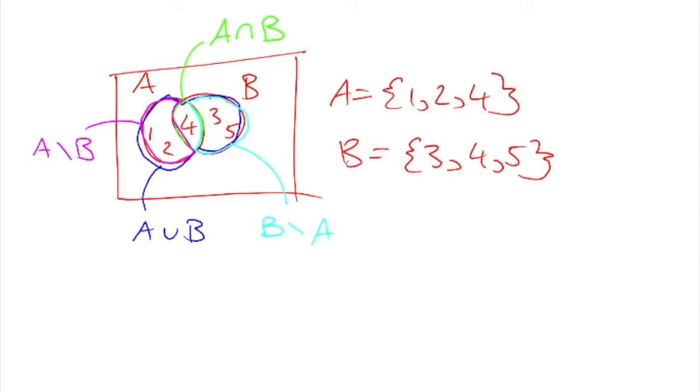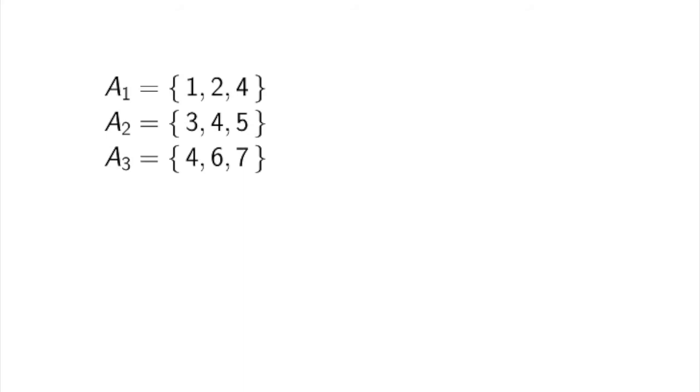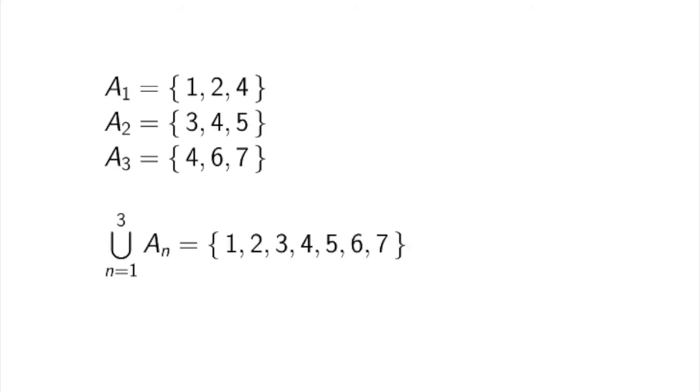So hopefully this image you can use just to clarify what the symbols mean. So let's look at more than two sets over here. This may seem unfamiliar to you, but think of it as similar to series notation or sigma notation.